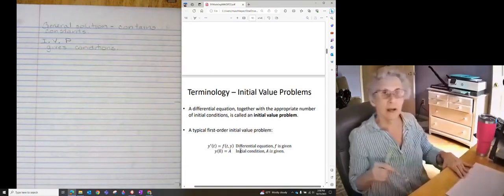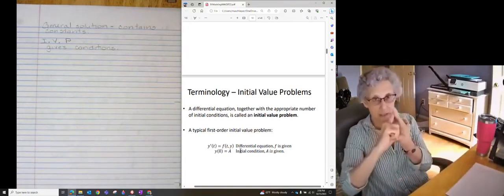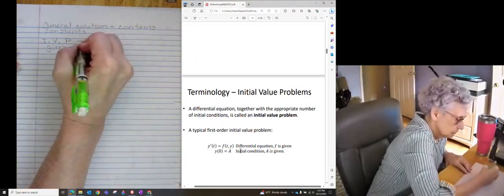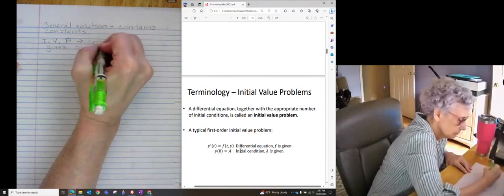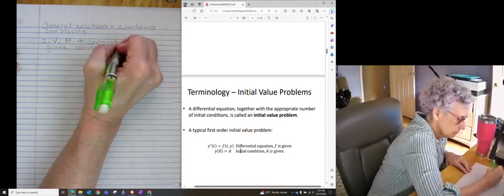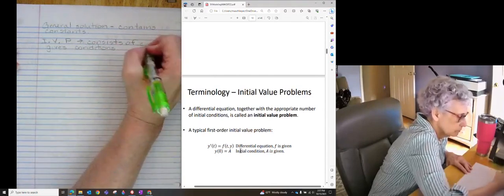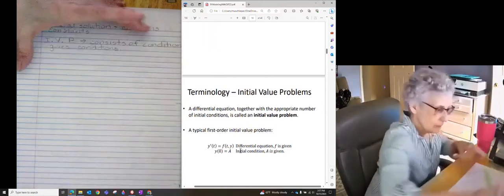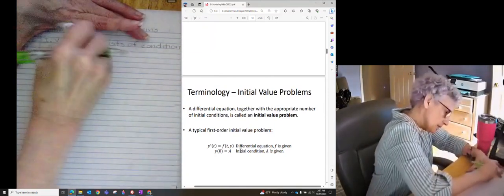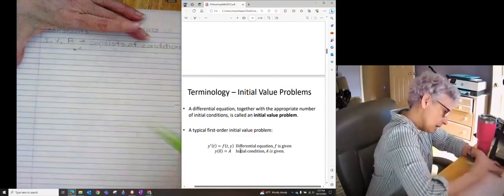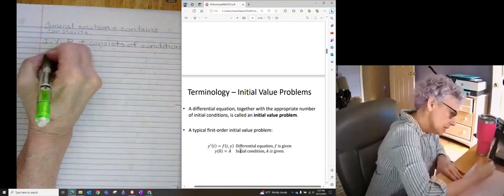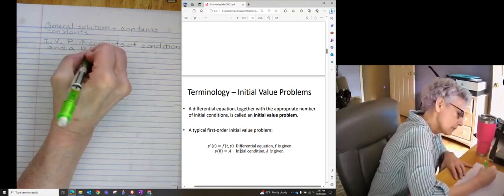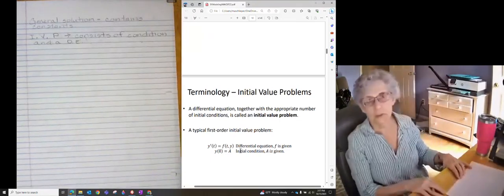So an initial value problem consists of a condition and a differential equation.